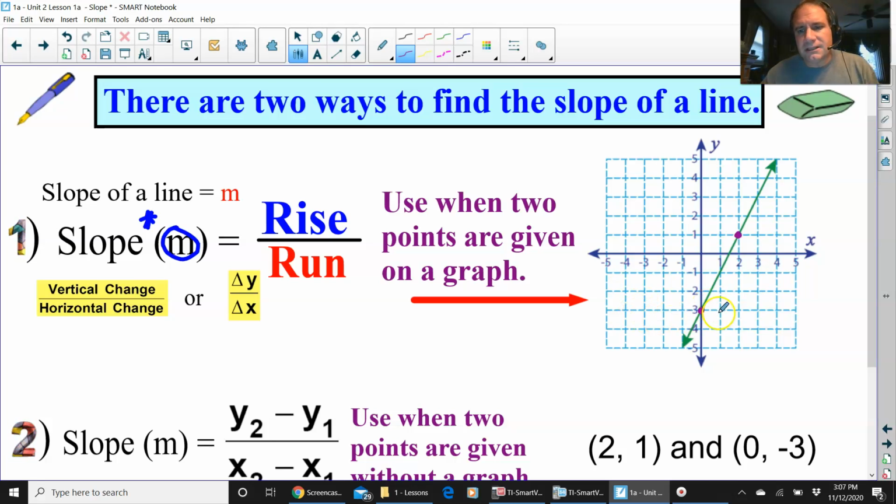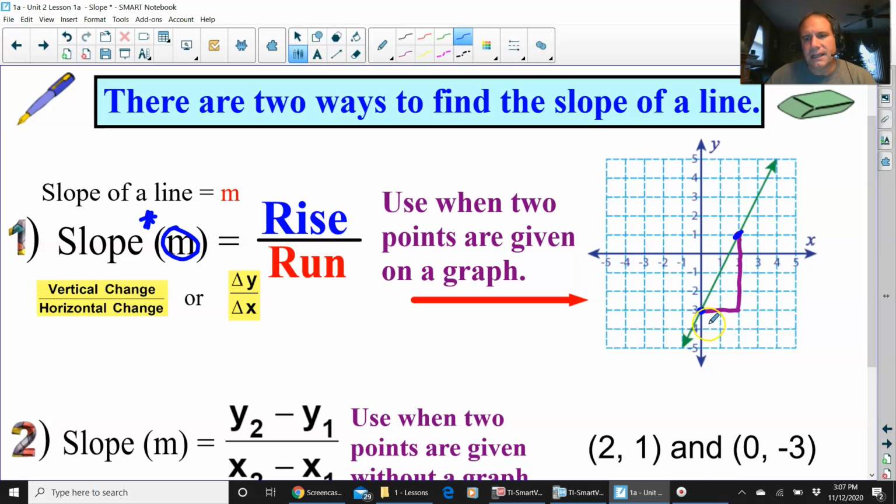So I'm going to start here, move to the right, and then move up to the other point. I can't make any other figure. If I make any other figure, it is incorrect. And if I go off the lines of the graph, it is incorrect.